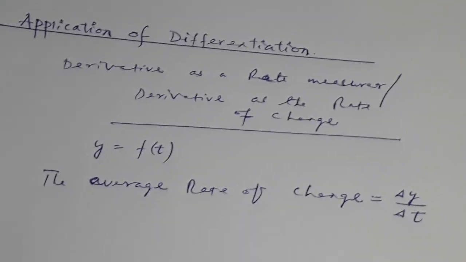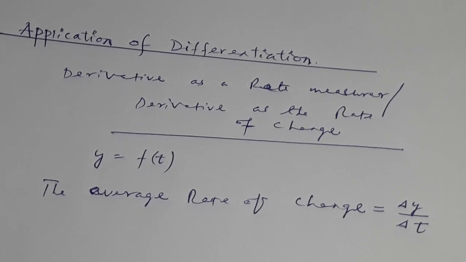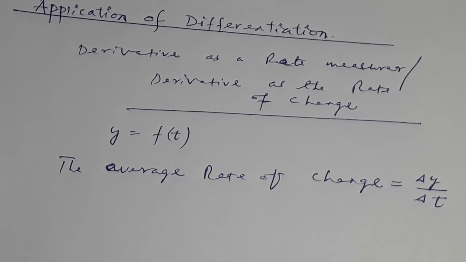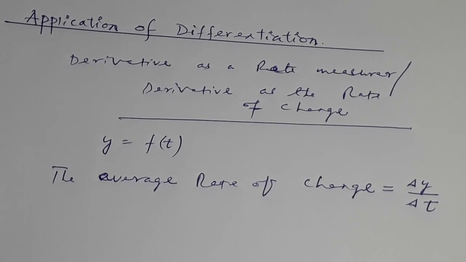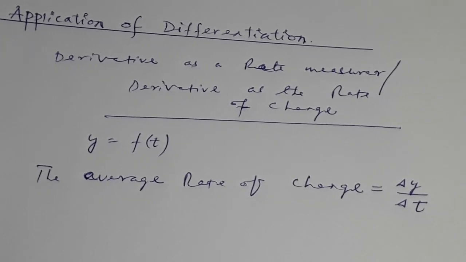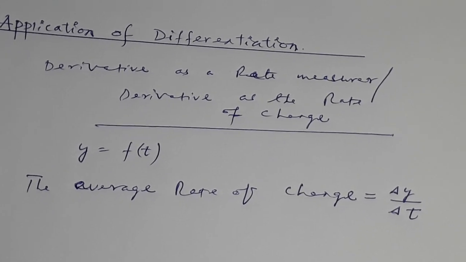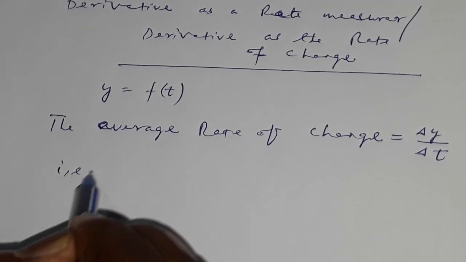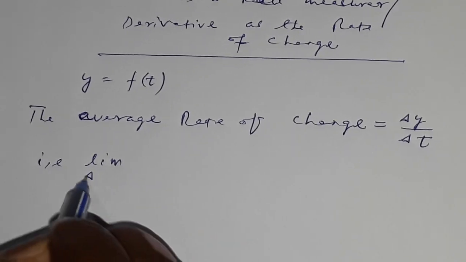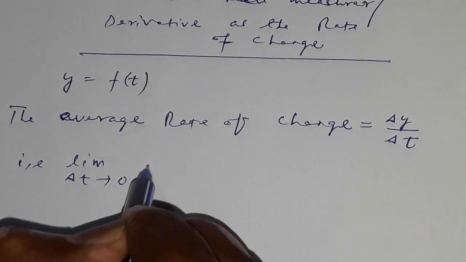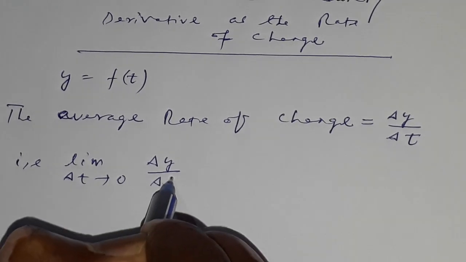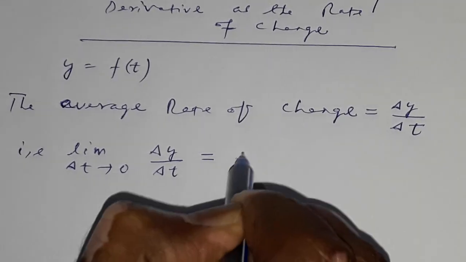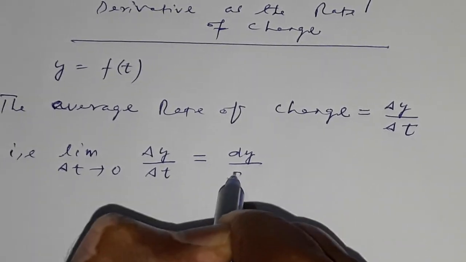When limit del t tends to 0 is applied, the rate of change becomes instantaneous. That is, limit del t tends to 0, del y by del t is equals to dy by dt.